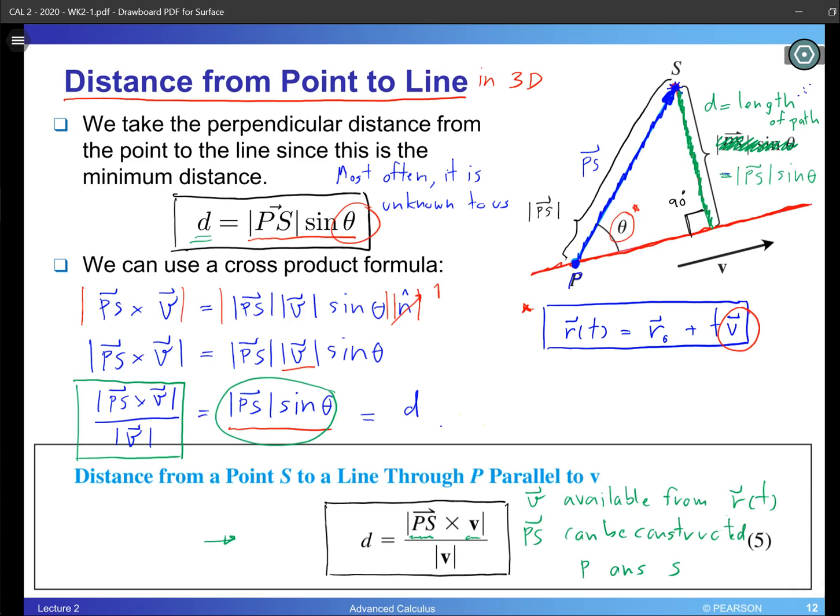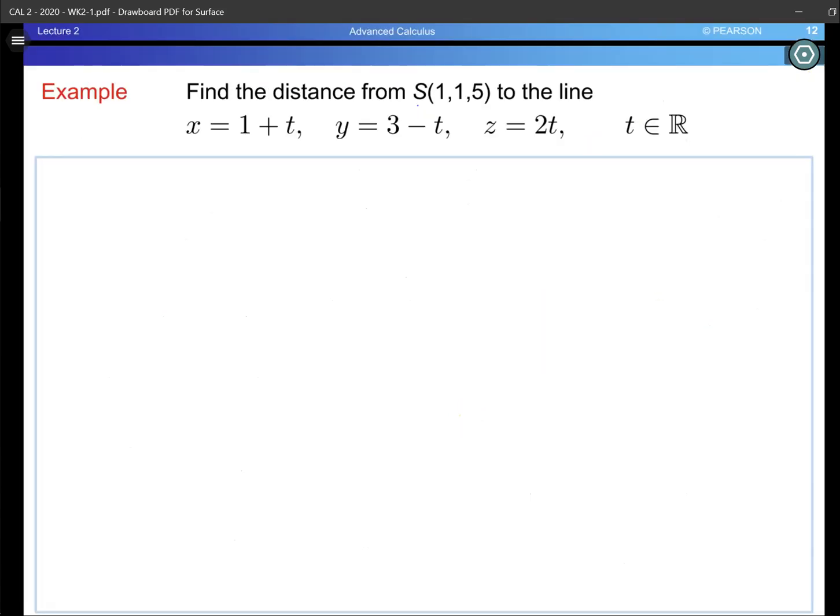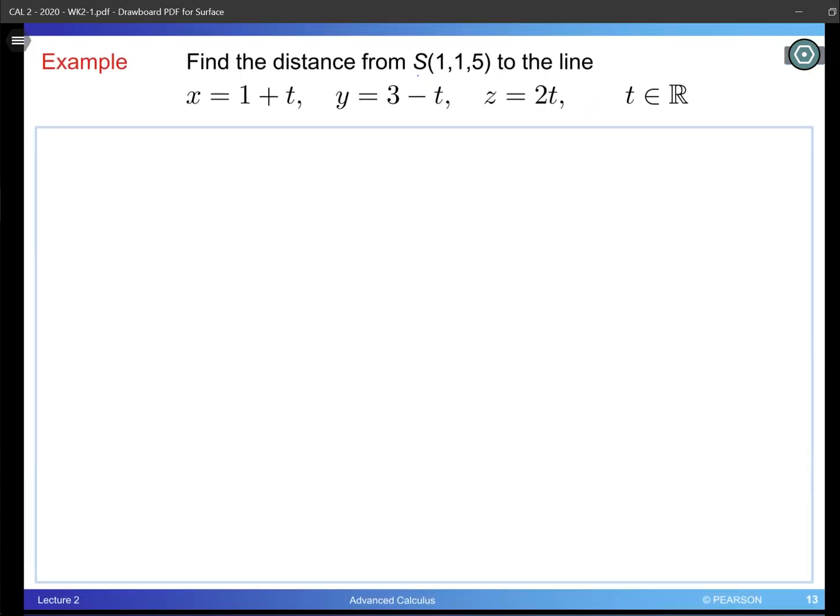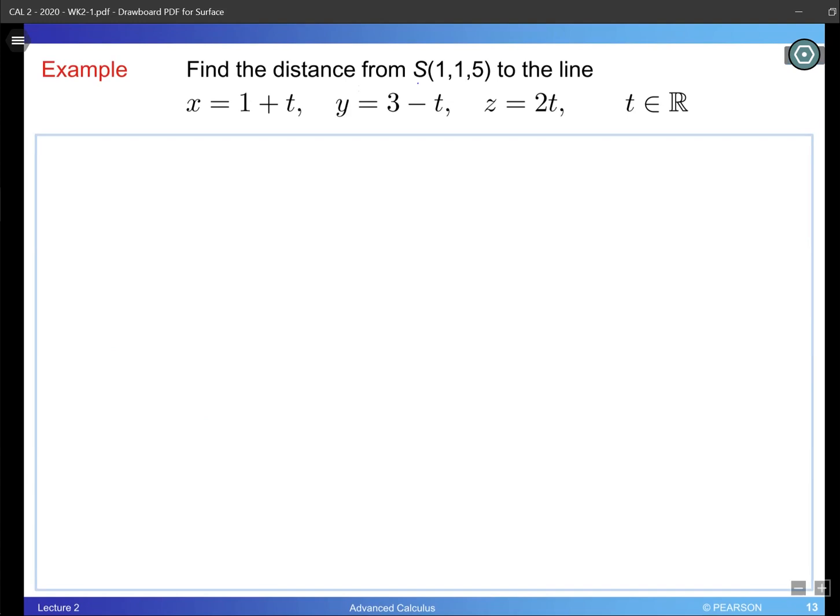Now let's try to use this formula on one example right here. In this example we want to find the distance from this point (1, 1, 5) to the line right here. Let's take a look. We have x equal to 1 plus t, y equal to 3 minus t, and z equal to 2t.